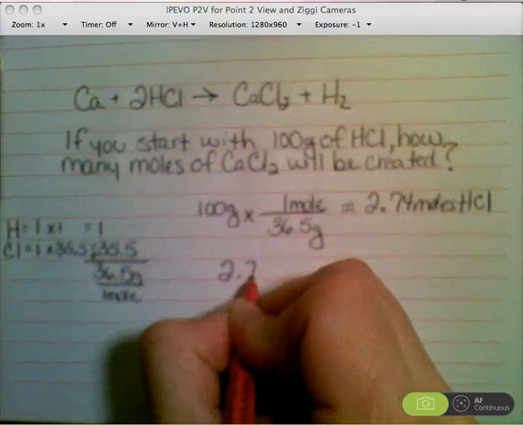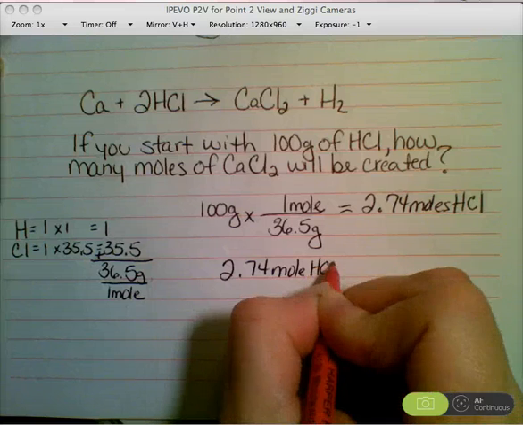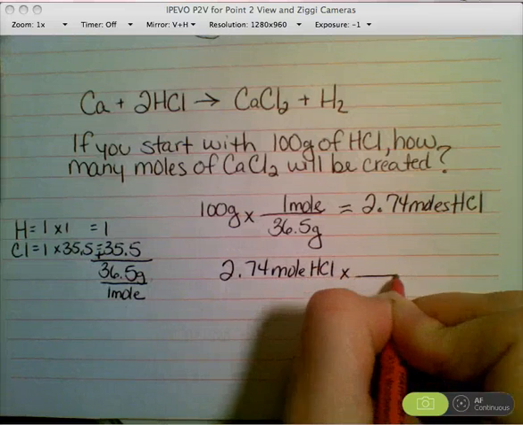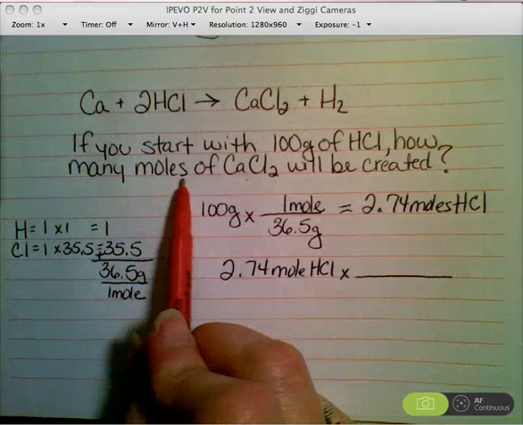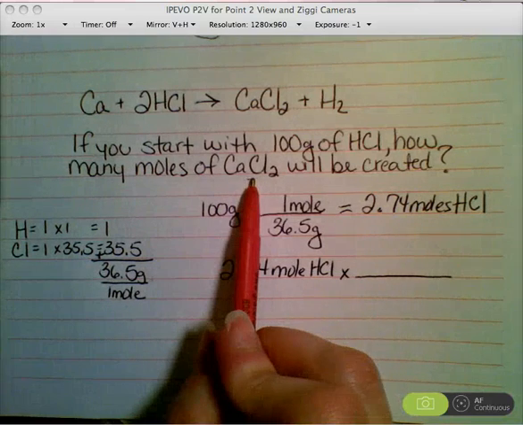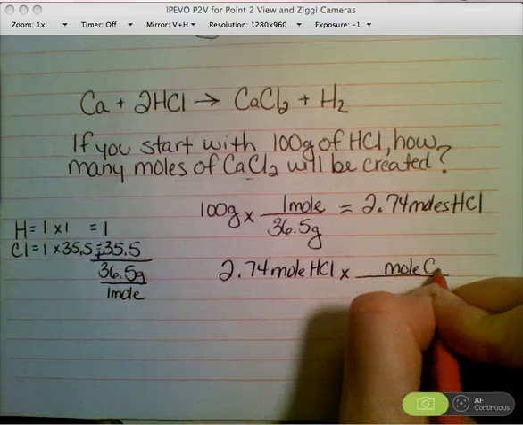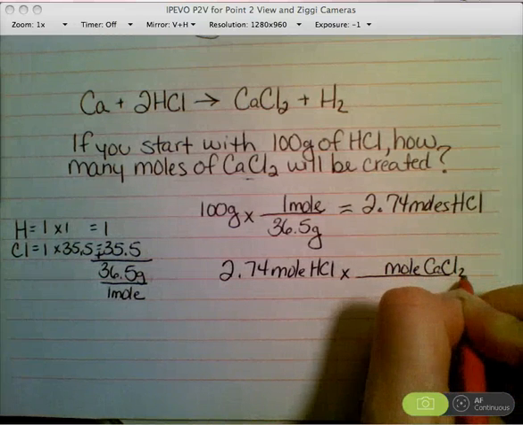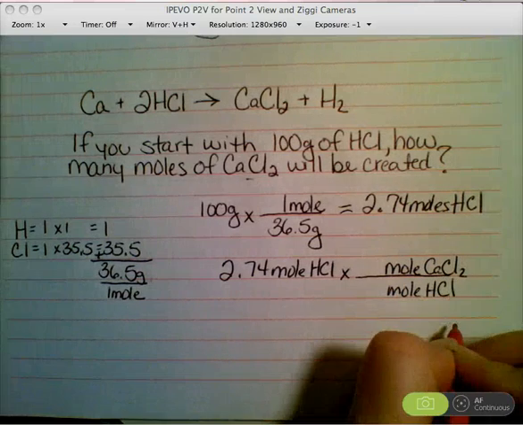So I know I have 2.74 moles of HCl, and I'm trying to get moles of CaCl2. Since this is my unknown, it's going to go in the numerator up top. So moles of CaCl2, and therefore moles of HCl will be on the bottom.